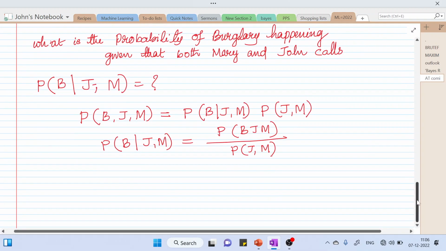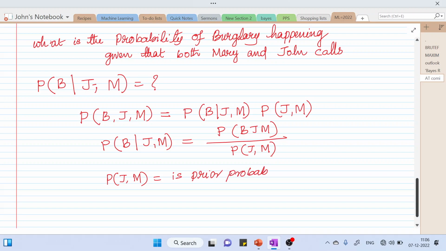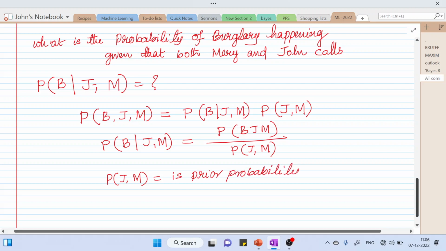Here, the probability of John and Mary calling is a prior probability, and it is a constant. Let us call it alpha, 1 by alpha.